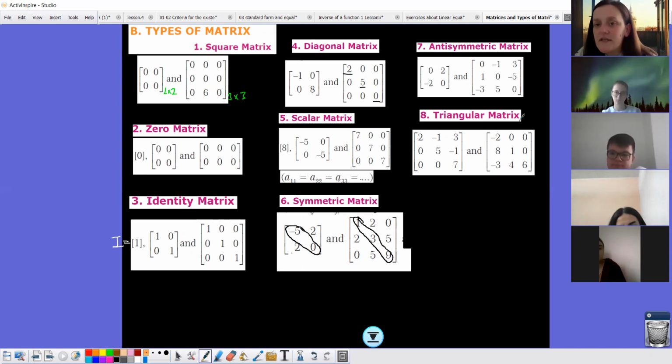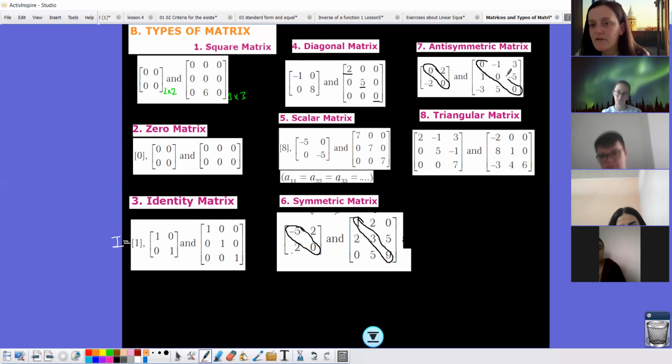Antisymmetric matrix, look here, the diagonal part you have, but the others are the opposite of each other. What I mean by opposite? With signs. If one is +2, the other is -2. 1, -1, -3, 3, 5, -5, okay?